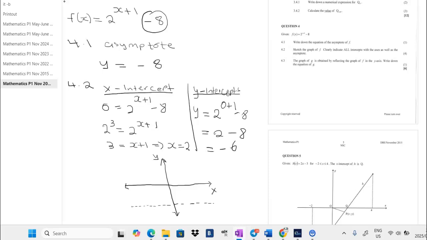There is another important thing to keep in mind: this exponential term is positive here, which means our graph is going to be above the asymptote. If it was negative, then our graph would be below the asymptote.